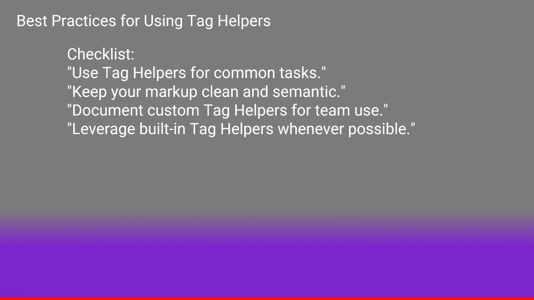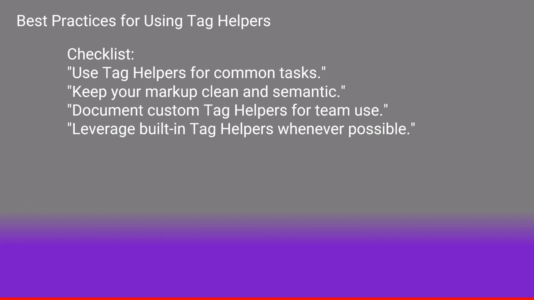To get the most out of tag helpers, here are some best practices to follow. First, use tag helpers for common tasks to simplify your Razor views and avoid repetitive code. Keep your markup clean and semantic to enhance readability and maintainability.